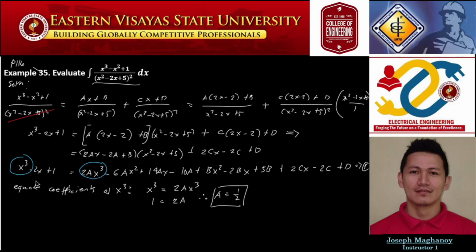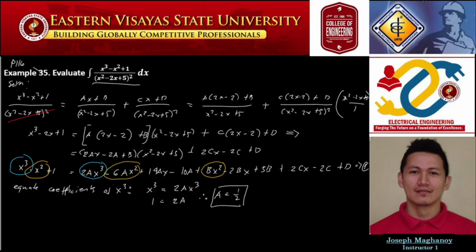So next we equate the coefficient of x squared. Correction: the numerator should be 2x, so we have 3 as the factor for the coefficient of x squared.